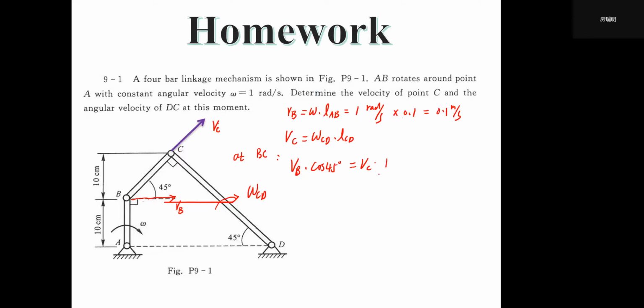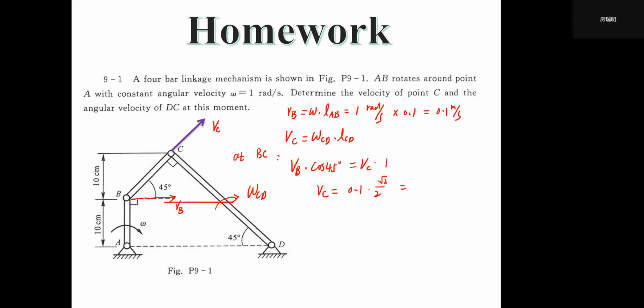So we can find that VC equals 0.1 times... we can just leave it like this. We can also use MATLAB or your calculator. Now I will just use my cell phone.